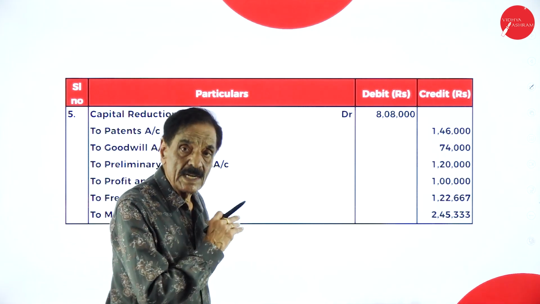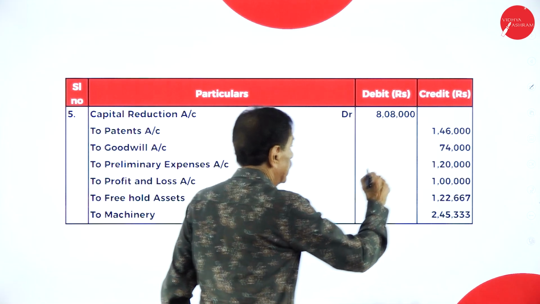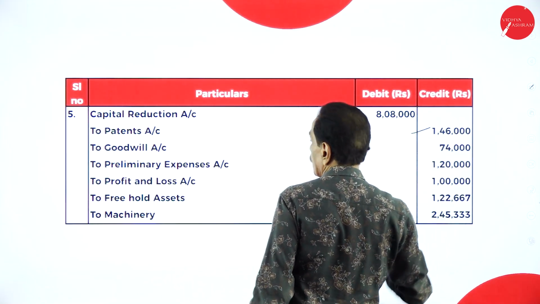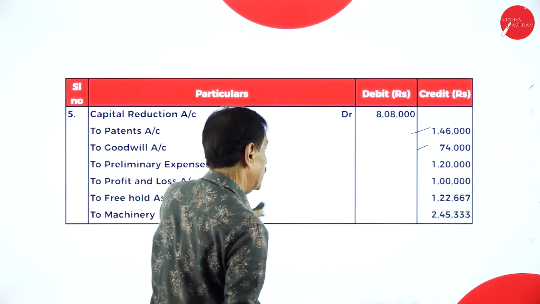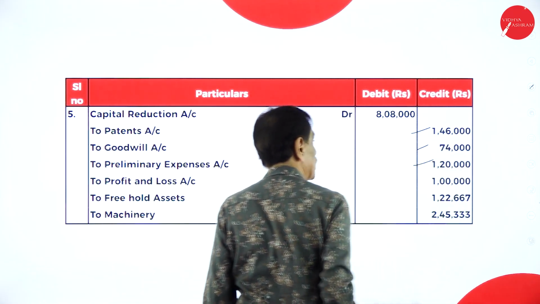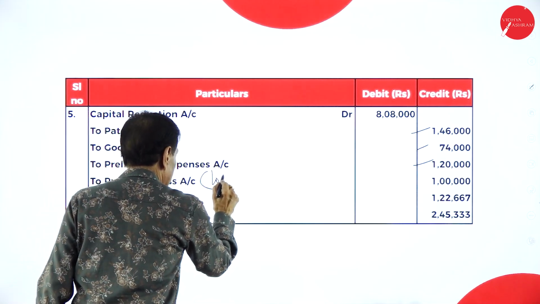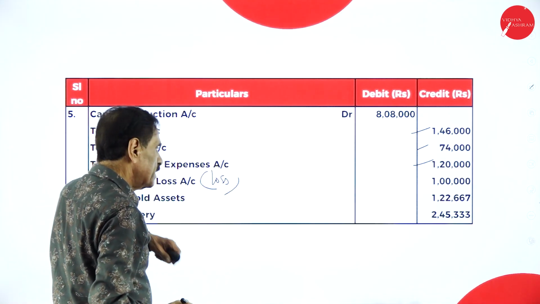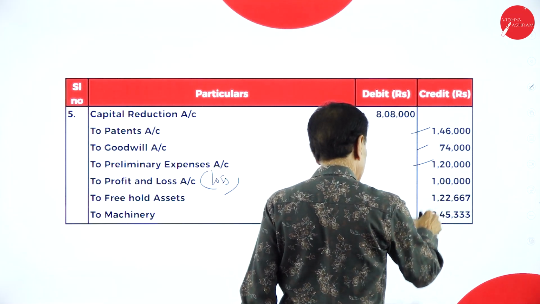Out of this, capital reduction account debit, to patents removed, to goodwill account, another intangible asset, to preliminary expenses, another intangible asset removed, to profit and loss account, loss removed. Whatever is left over is shared in the ratio of 1:2.